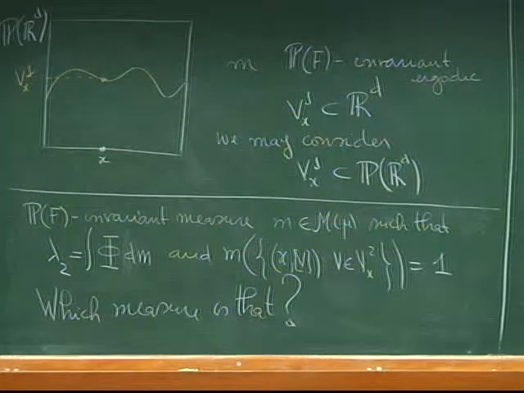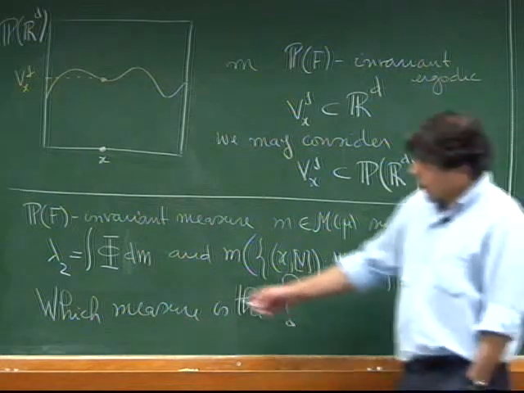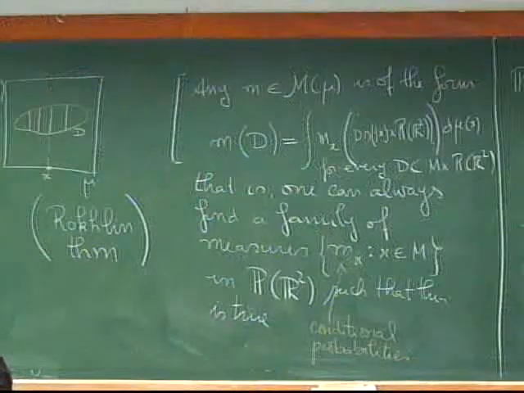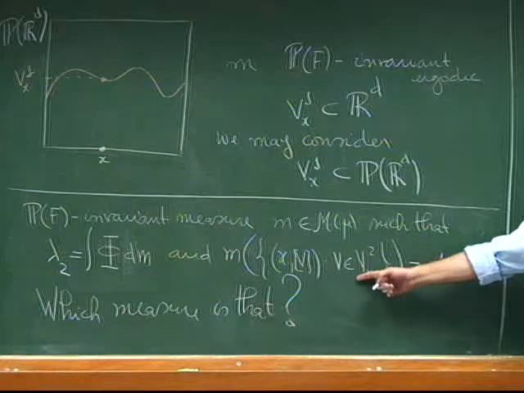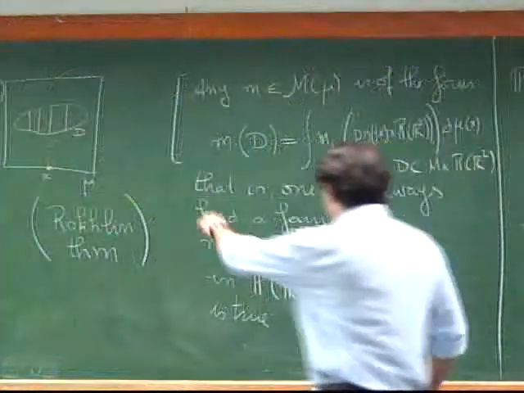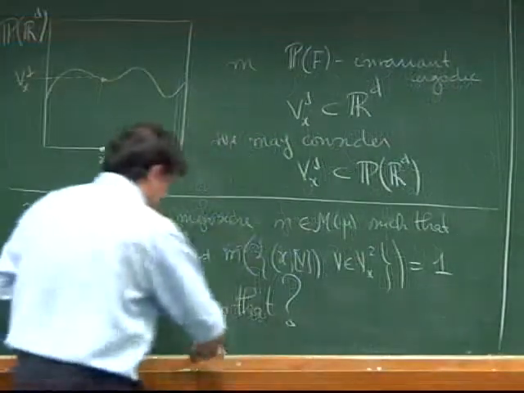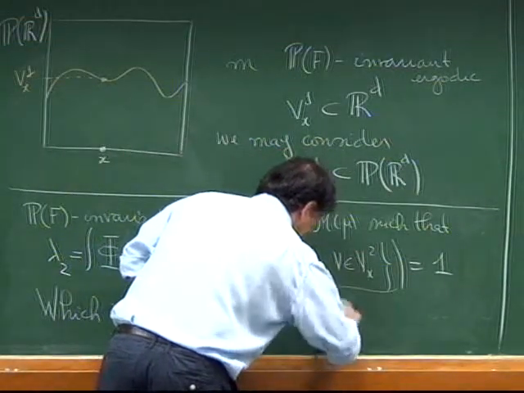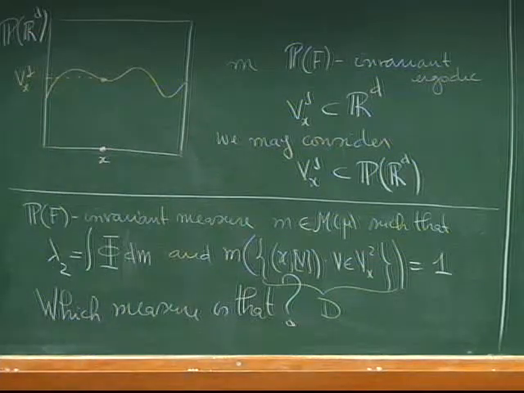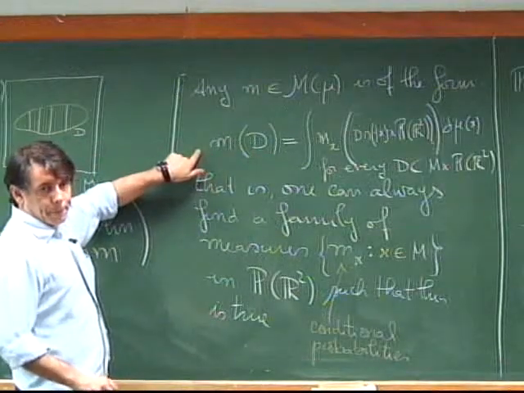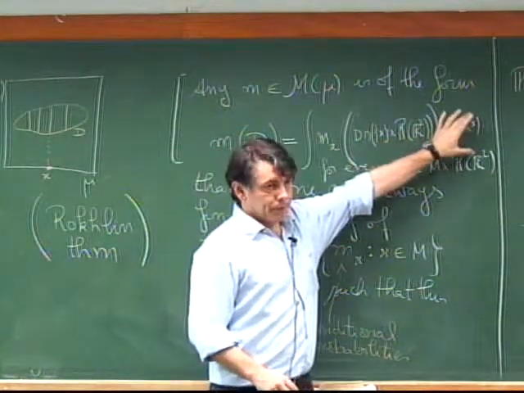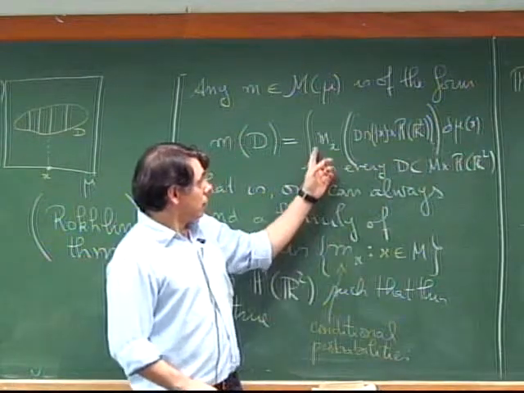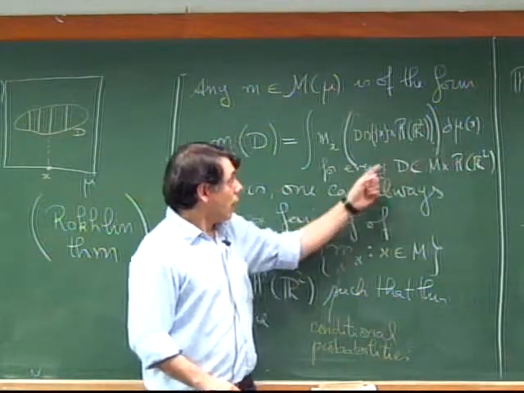But it's more or less obvious at this point, because I want this set to have full measure. So if I consider D to be this set, D has to have full measure. This has to be 1. So the integral is equal to 1. But these numbers here are at most 1.